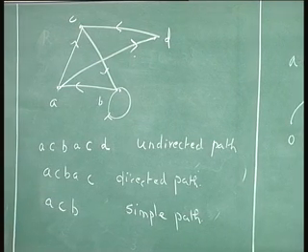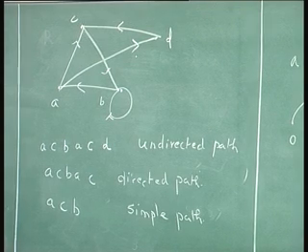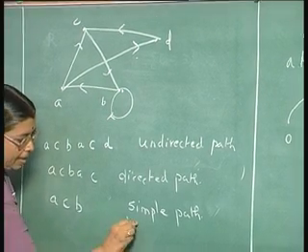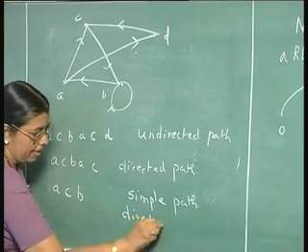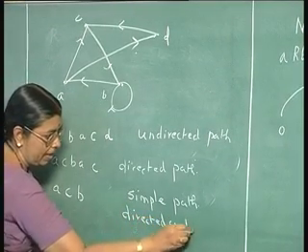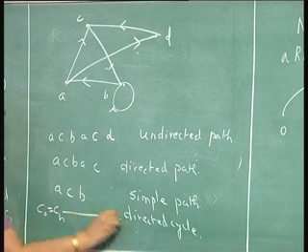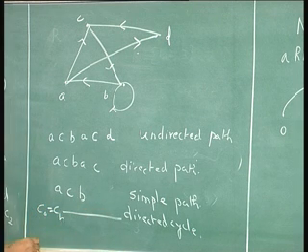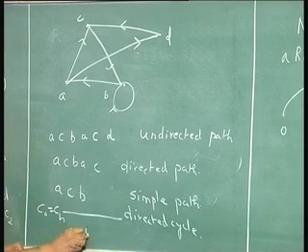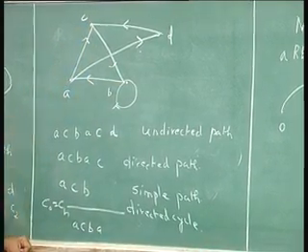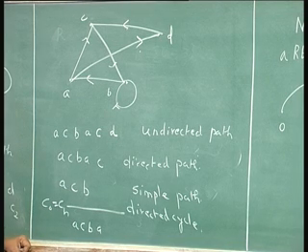If the start node and the end node are the same, it is called a cycle, directed cycle. If C0 is equal to Cn, it is called a directed cycle. For example, if you take A, C, B, A, it is a directed cycle.